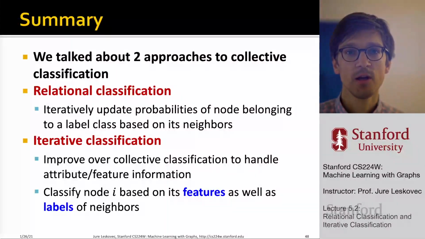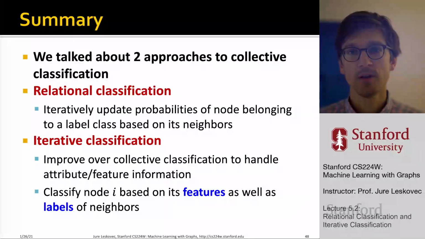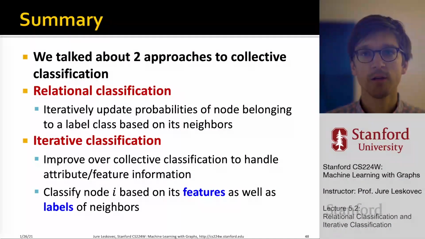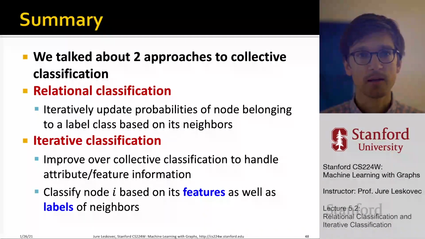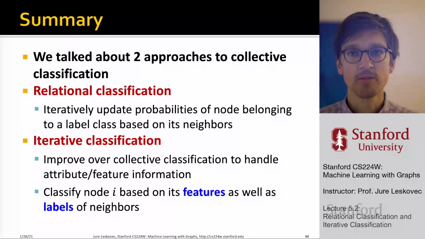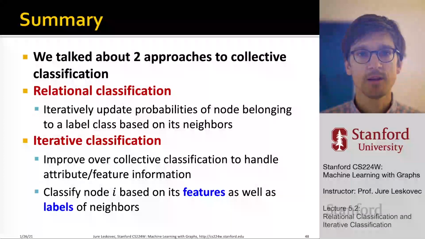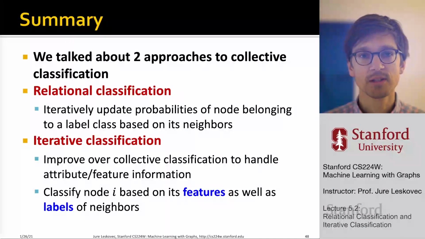This approach uses the network structure and the labels of the nodes, but it does not use the features of the nodes. Then in the second part, we talked about iterative classification, where we improve over relational classification to handle attribute or feature information of nodes as well.